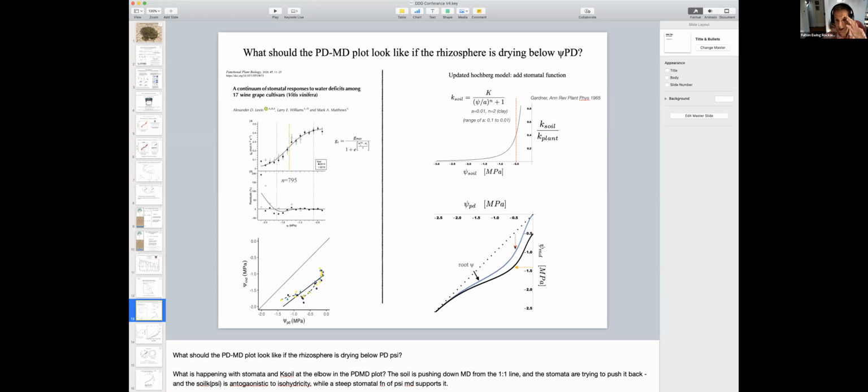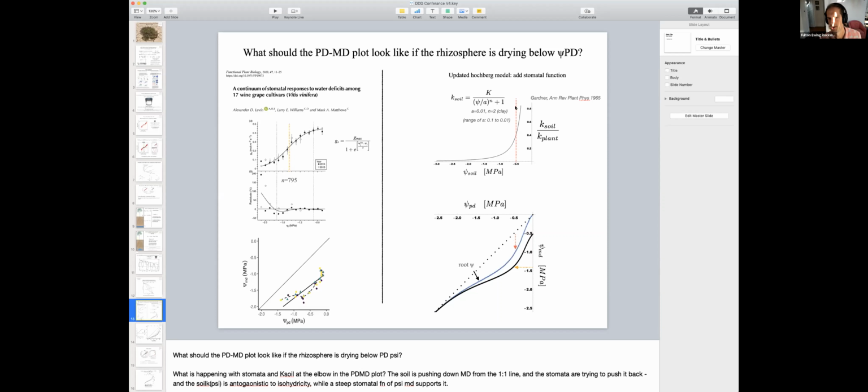This blue line is what's happening at the root surface, and the black line is midday leaf water potential. And what we see is that as your conductance and your water content start to crash at around half a megapascal, the root water potential is being pushed off the pre-dawn line dramatically. That is an inexorable push.